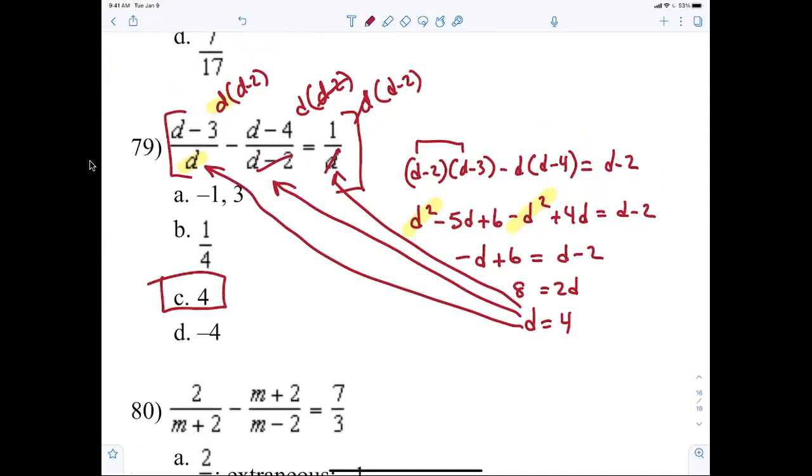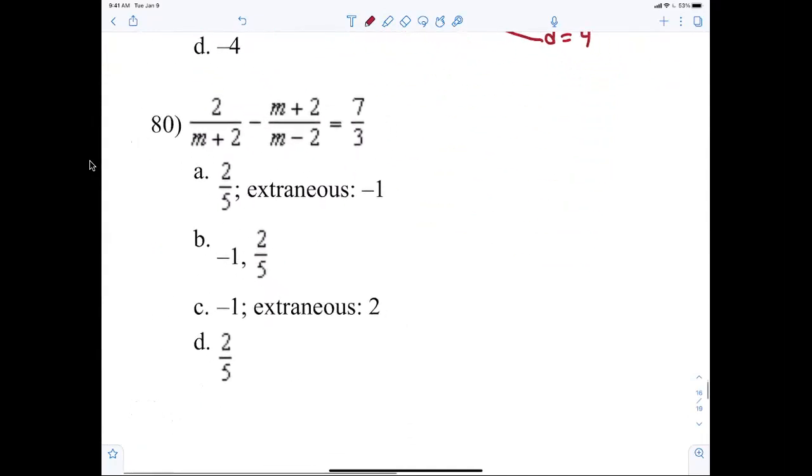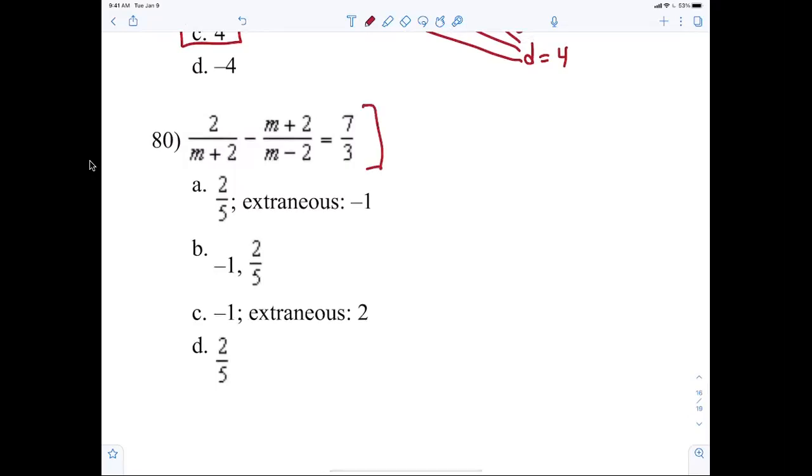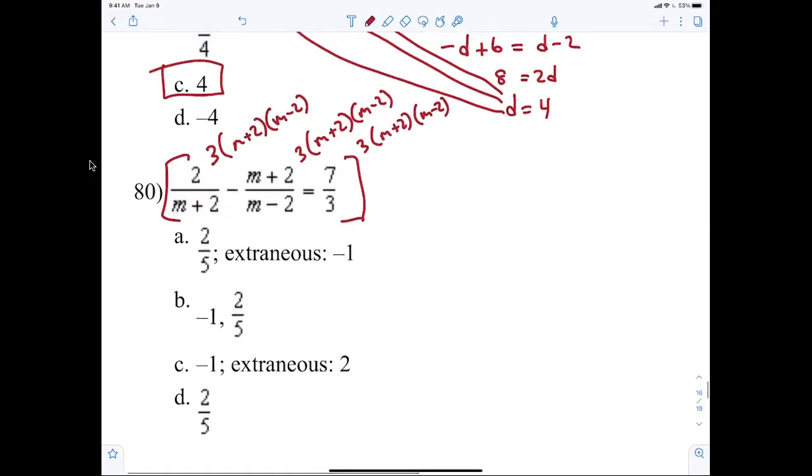Now number 80. The common denominator is 3 times m plus 2 times m minus 2. Again, this is annoying. So think about it. The m plus 2's cancel. 2 times 3 is 6, so I'm distributing a 6.